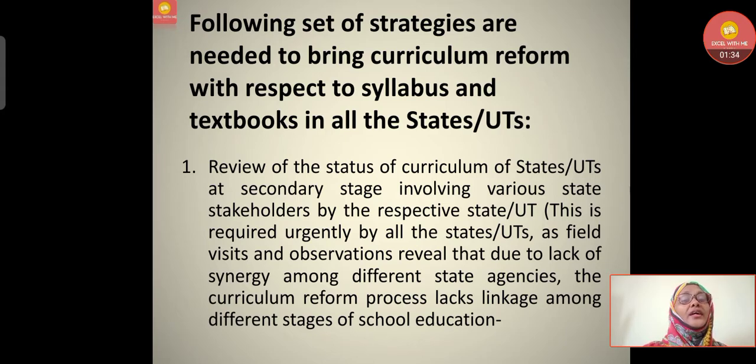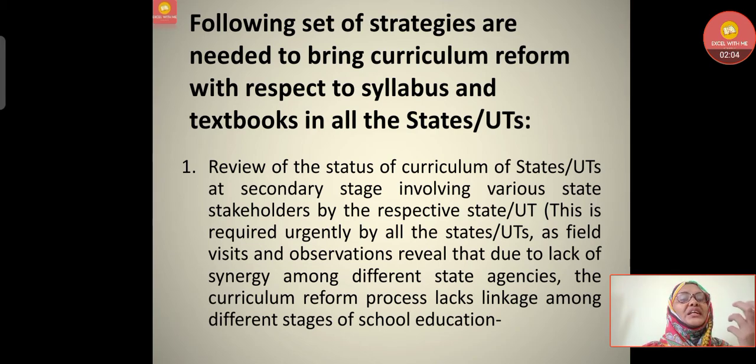This is required urgently by all the states or union territories, as field visits and observations reveal that due to lack of synergy among different state agencies, the curriculum reform process lacks linkage among different stages of school education. What they need to review is the status of curriculum in the state or union territories, especially at secondary level.